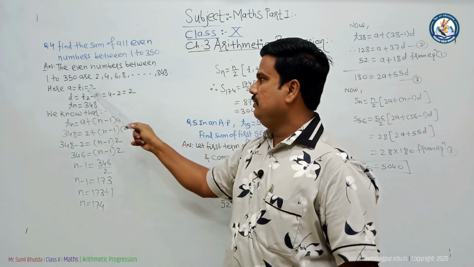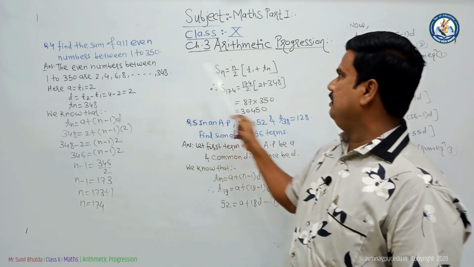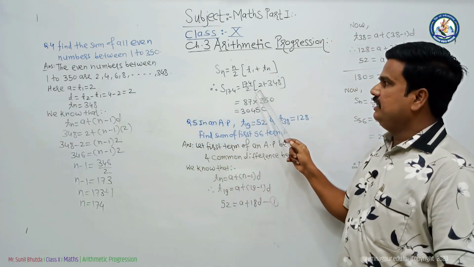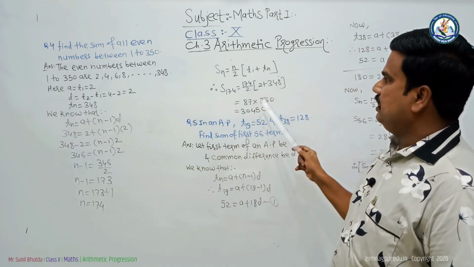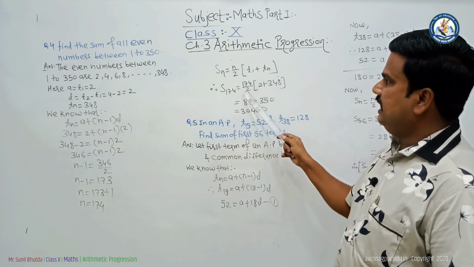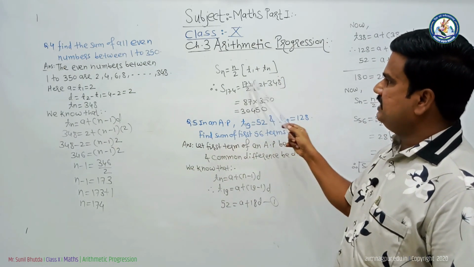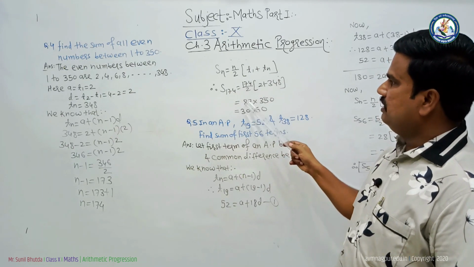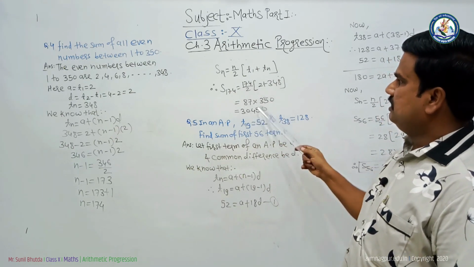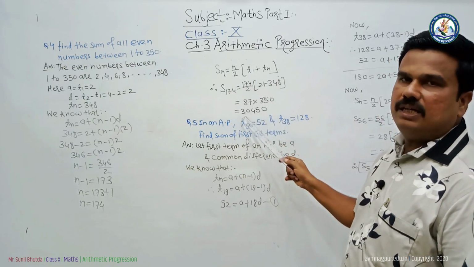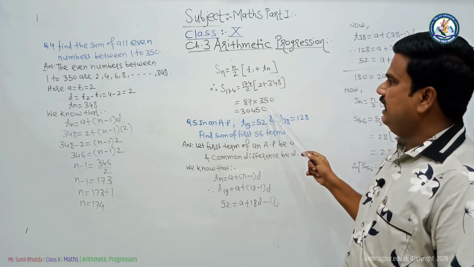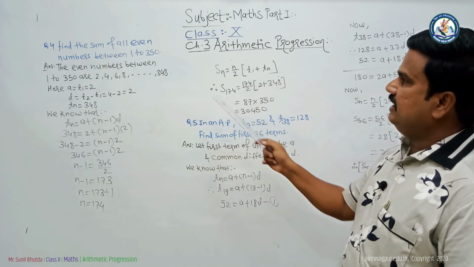The first term is 2 and the last term Tn is 348. 2 plus 348 will give 350. 2 into 87 is 174, so 87 into 350 will give 30,450.